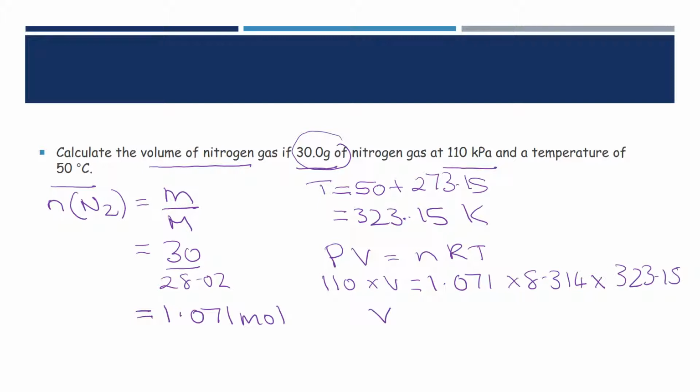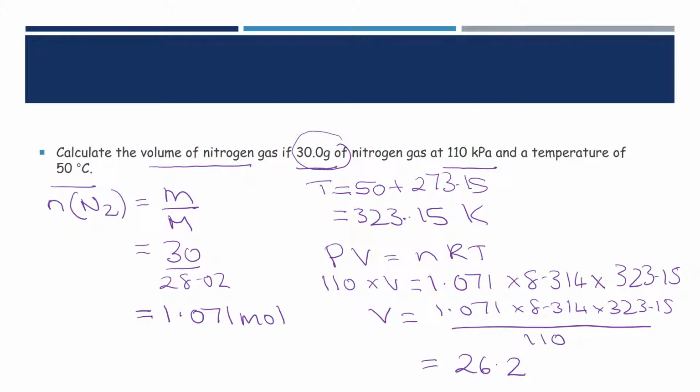So the volume must equal, rearranging that, 1.071 times 8.314 times 323.15 divided by 110, and it comes out to 26.2 litres. Checking, this has got 1, 2, 3 significant figures, and my answer is also in 1, 2, 3 significant figures.